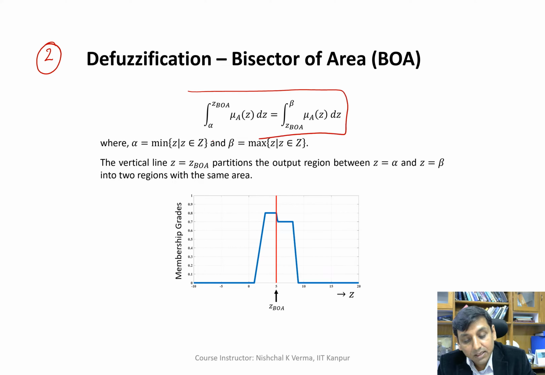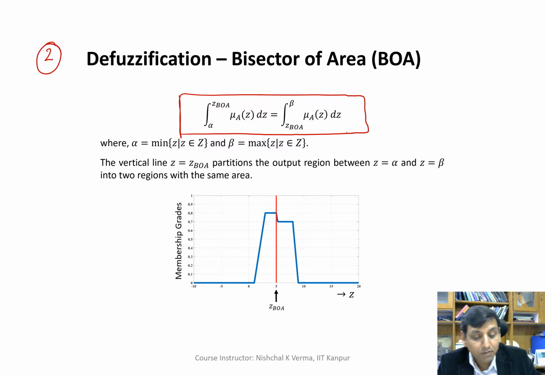When we have any fuzzy set as the output, a fuzzy value as the output of the model, what it does is it bisects, it divides it into two parts, each of equal area. So this area is the same as this area here in this case.